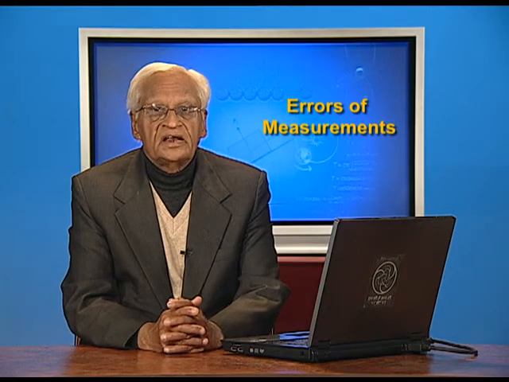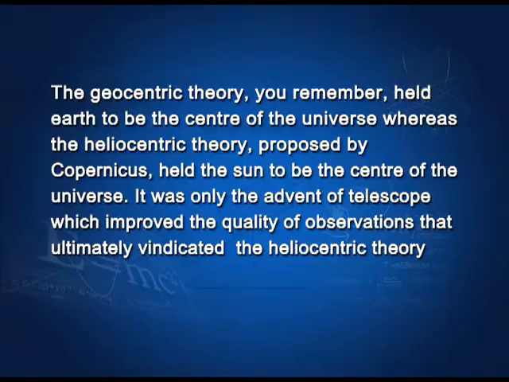The geocentric theory, you remember, held Earth to be the center of the universe, whereas heliocentric theory proposed by Copernicus held the sun to be the center of the universe. It was only the advent of the telescope which improved the quality of observations that ultimately vindicated the correct heliocentric theory.